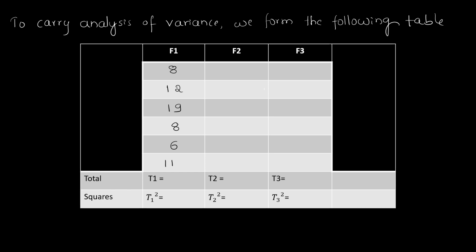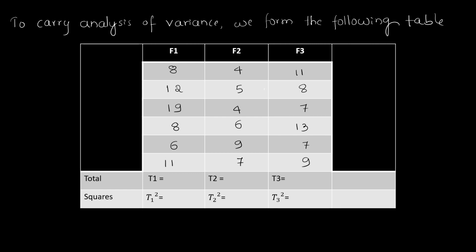Then for F2, it is 4, 5, 4, 6, 9, and 7. And for F3, it's 11, 8, 7, 13, 7, and 9. So these are the available data.